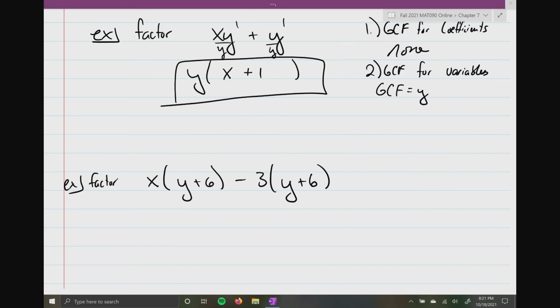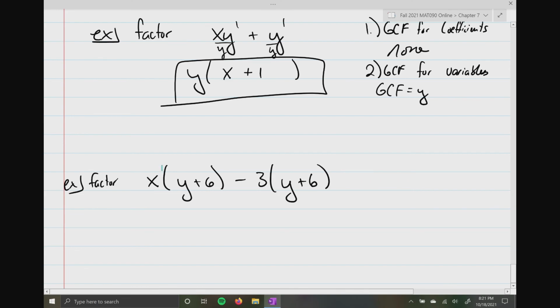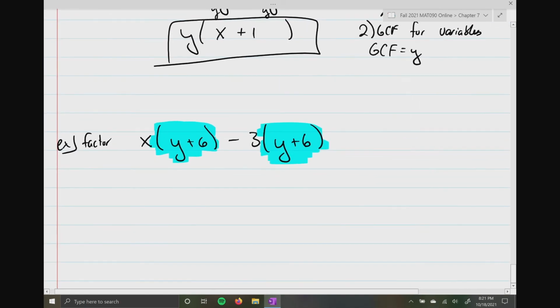And if you notice, here we have the quantity y plus 6. And here we have a quantity y plus 6. Okay? Notice both of those quantities are the exact same thing.